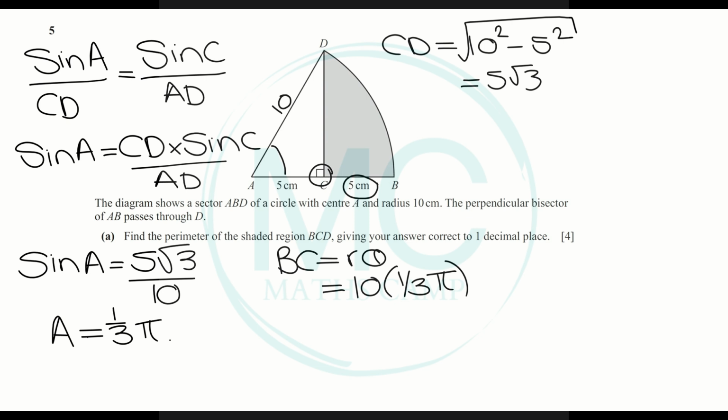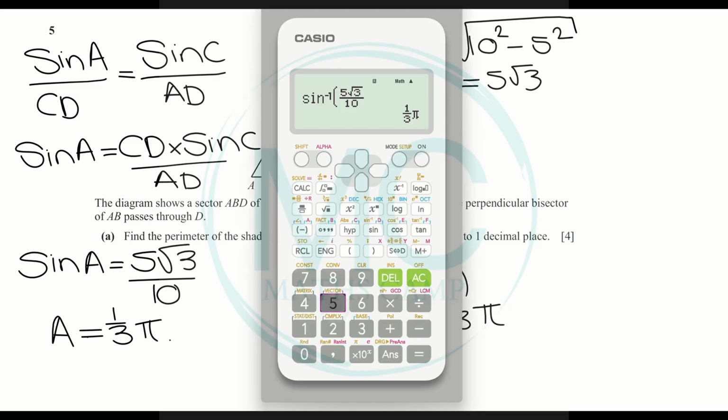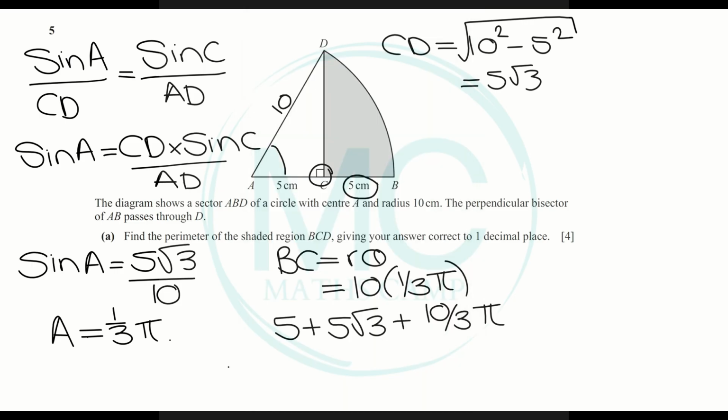BC is 5 centimeters, plus CD, 5 root 3, plus my arc BD, 10 over 3 pi. Put this into your calculator: 5 plus 5 root 3 plus 10 over 3 pi is equal to 24.1322. The question asks us to round off to 1 decimal place, so we get a perimeter of 24.1 centimeters.